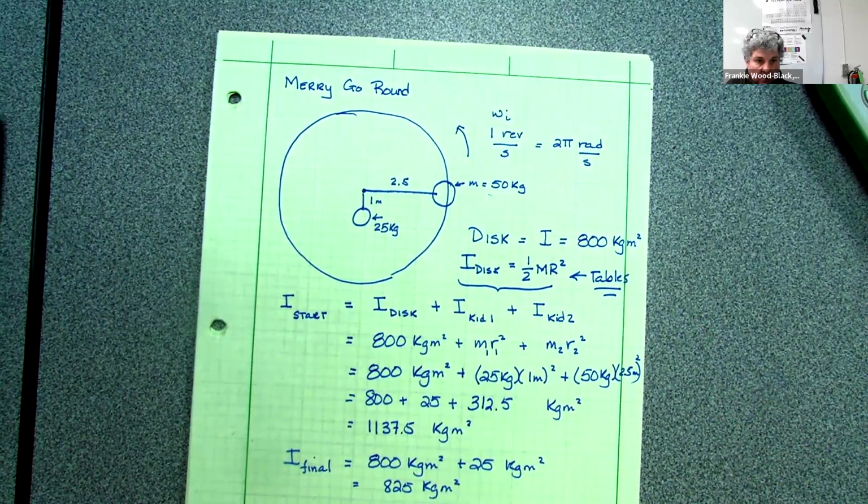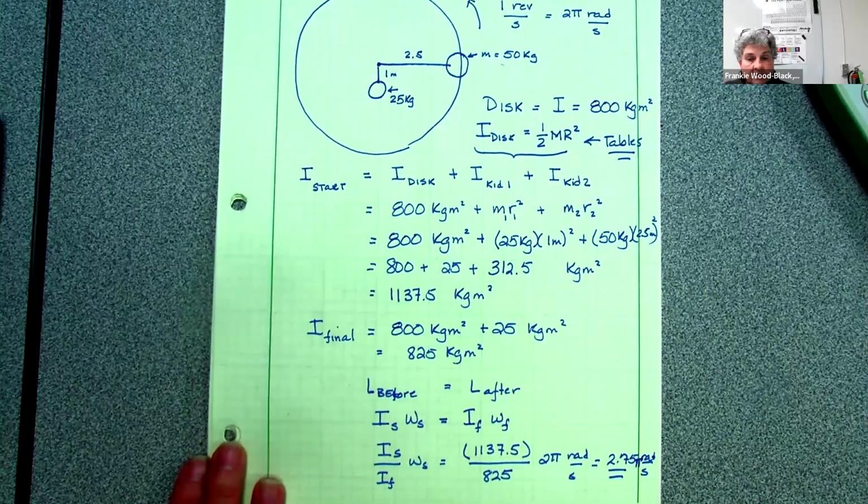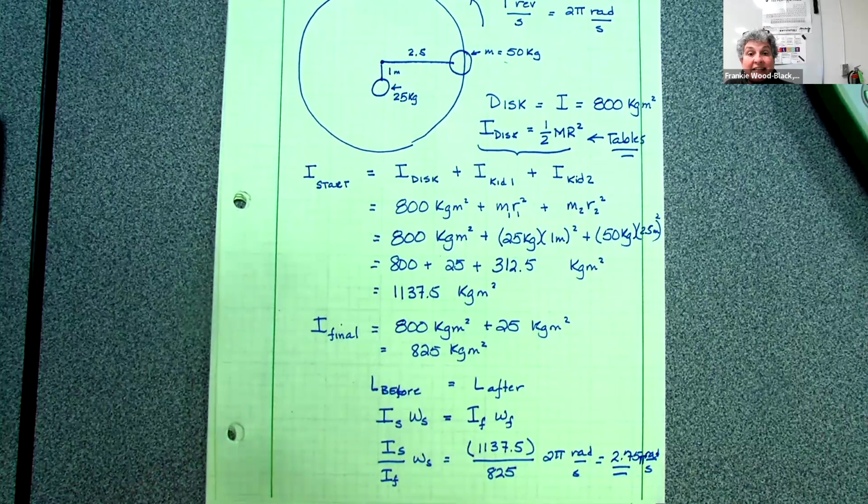And those are the 2 classic type problems that we do for rotational motion. So we are done with chapter 8. Questions?